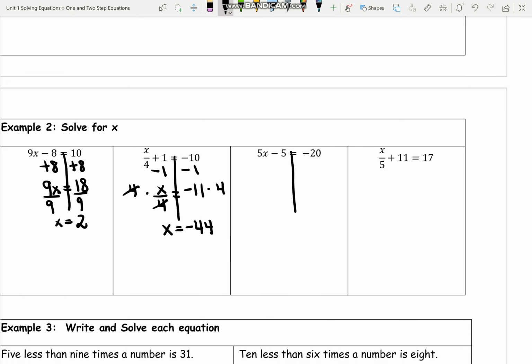So let me look at this problem here. I am going to start off this problem by adding 5 to both sides. And 5x equals negative 15. Divide both sides by 5. And I end up with x equals negative 3.